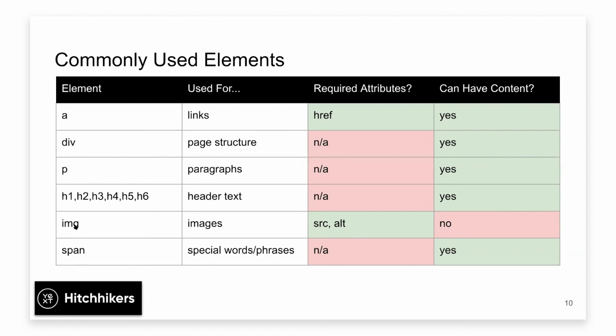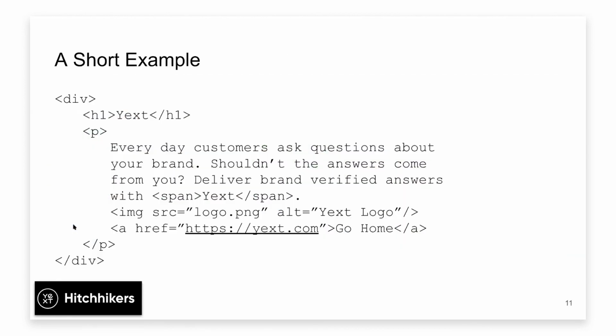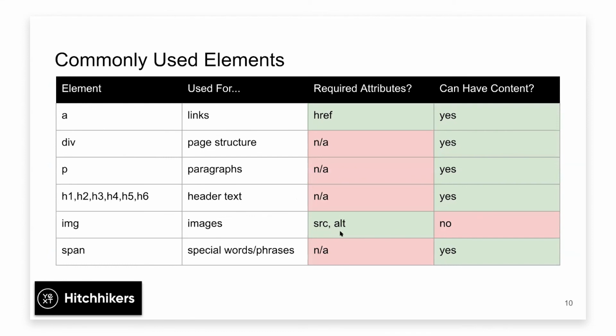And then of course the image tag is for images. This is a little different than the other tags because it has a source attribute and an alt attribute. The source attribute tells the browser where to actually grab the image from, and the alt attribute gives the browser some text that appears when you hover over the image.